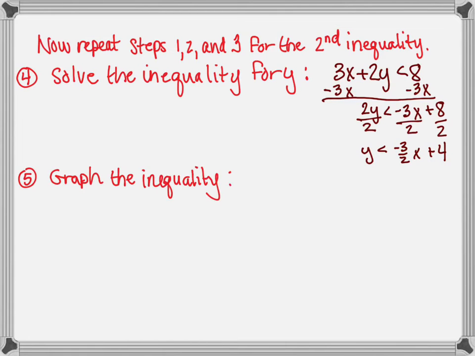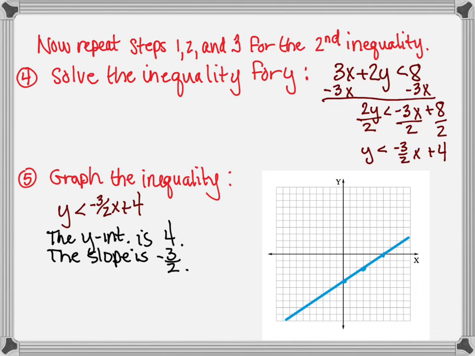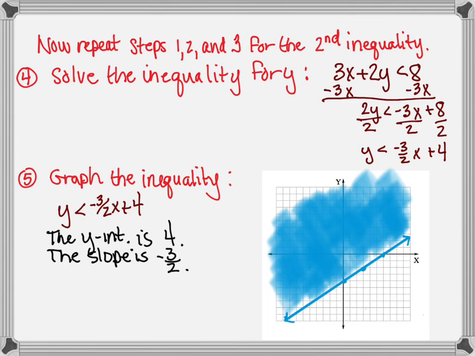Okay, then we will graph the inequality. So remember, our inequality is y is less than negative 3/2 x plus 4. The y-intercept is 4. The slope is negative 3/2. Let's bring back our graph from before. And now we'll put a point.